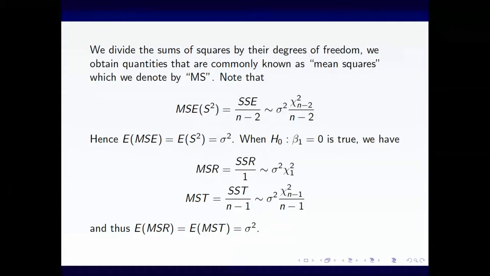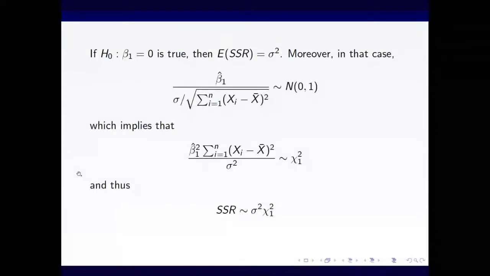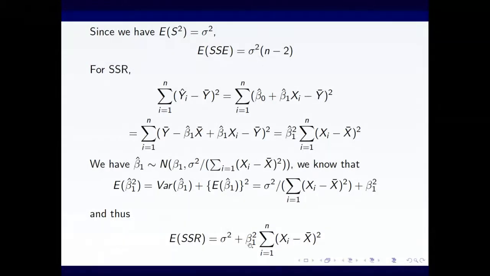Which means that if you look at this result, beta 1 equal to 0 means that the expected value of MSR is equal to the expected value of MST. That means nothing is explained by this predictor xi, which is the same as saying that your beta 1 is not informative in this variation.